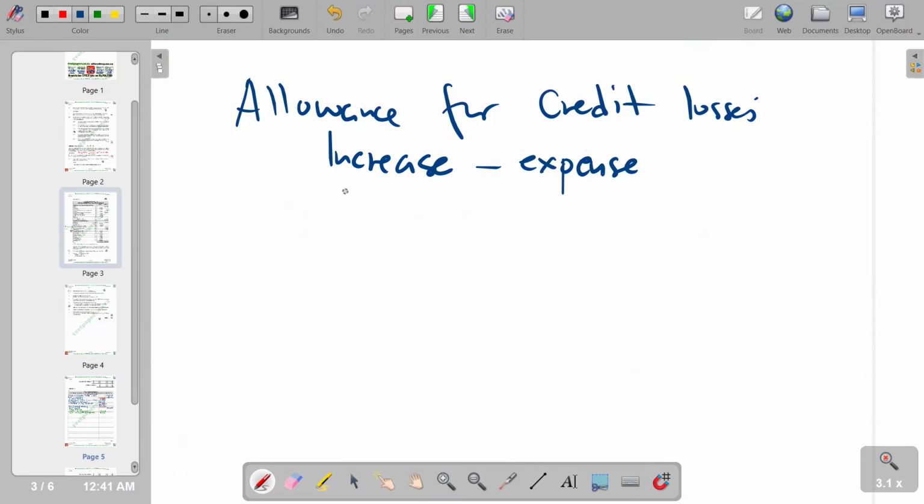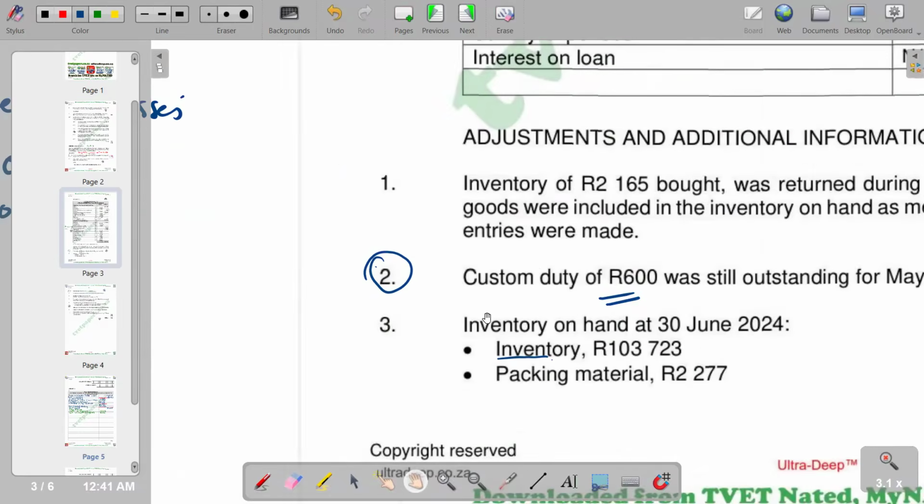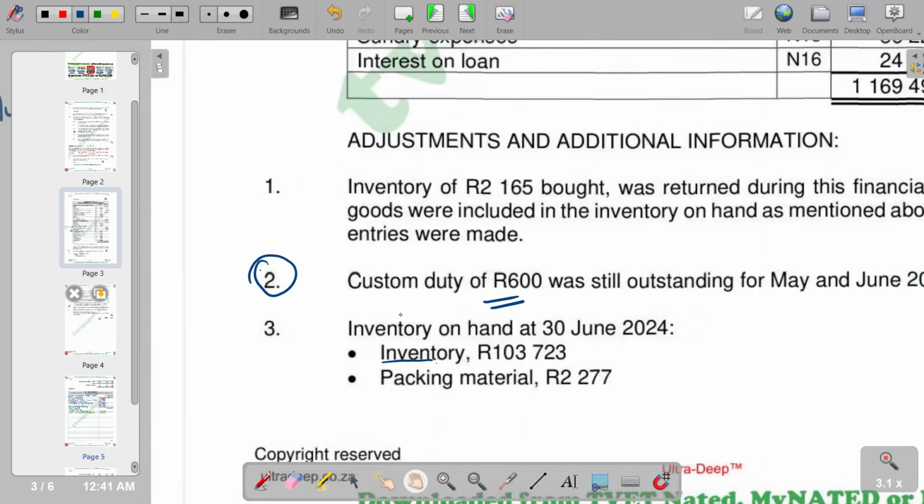But if you see that there is a decrease, it is income. So you have to try to identify it before you leave the other income section, because it might fall under the other income section. So we go and try to see what is additional information saying about that allowance.